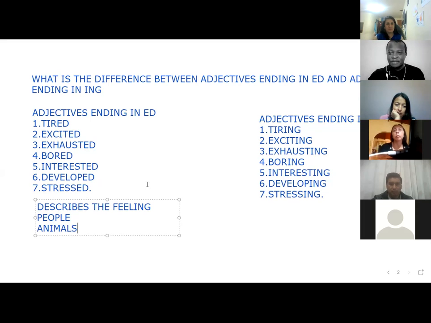Why only people and animals? Because only they have feelings. They are the only ones with feelings. So when we use an ed adjective, we are describing the feeling, and it is only used for people and animals.